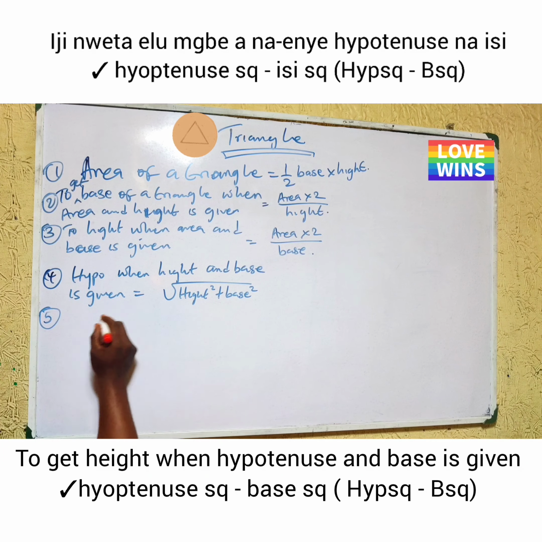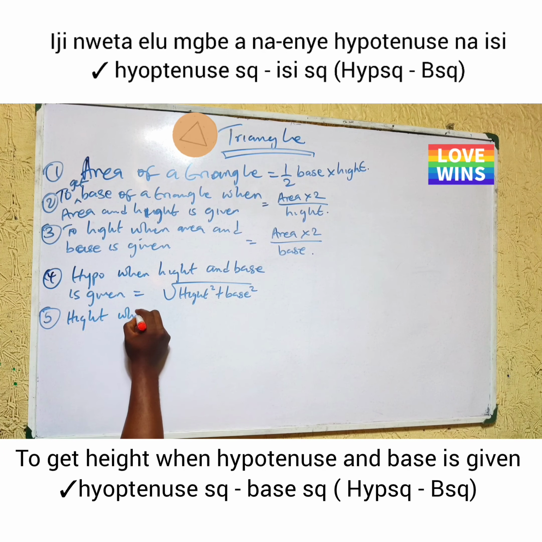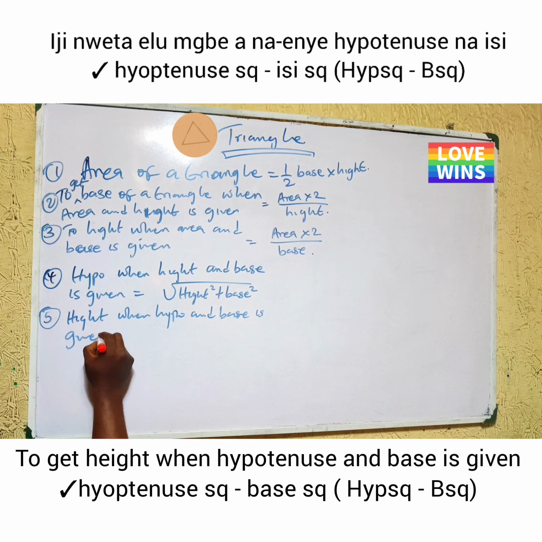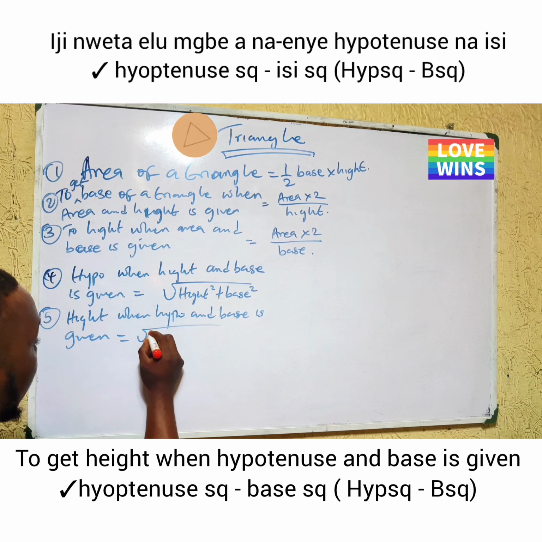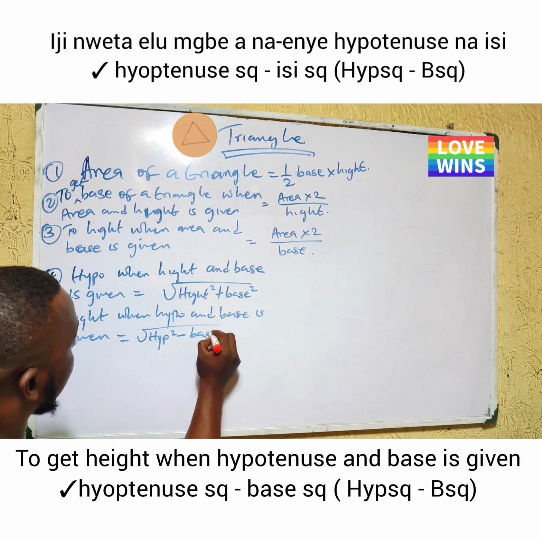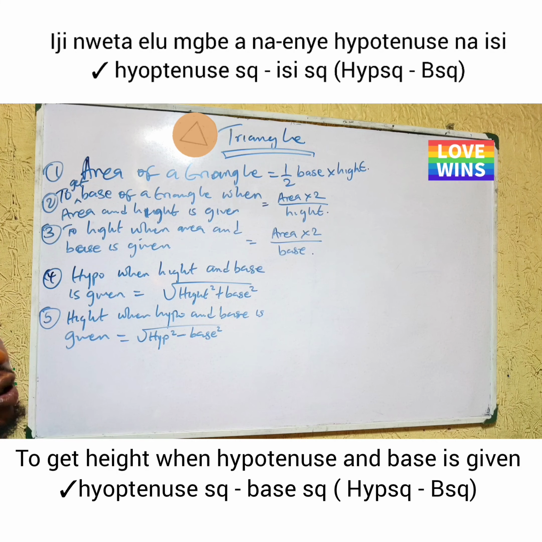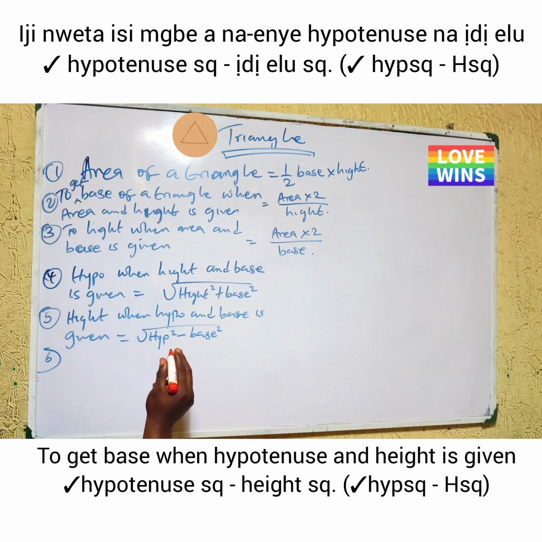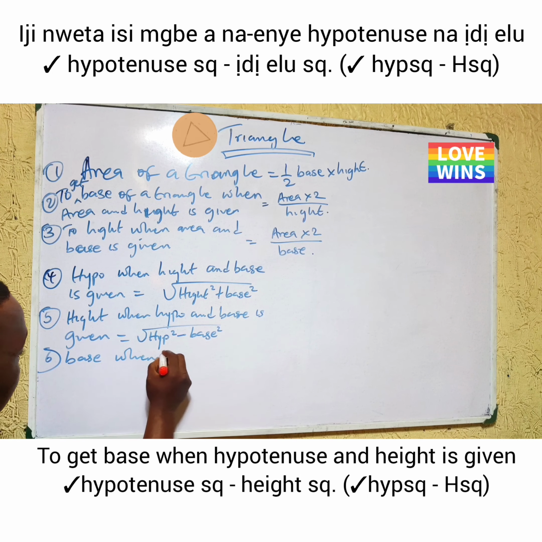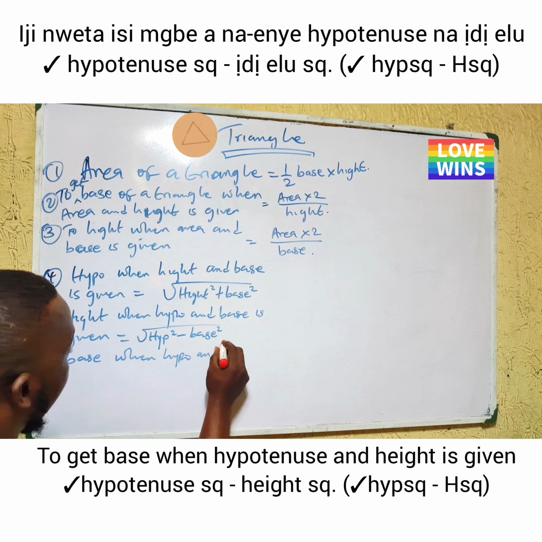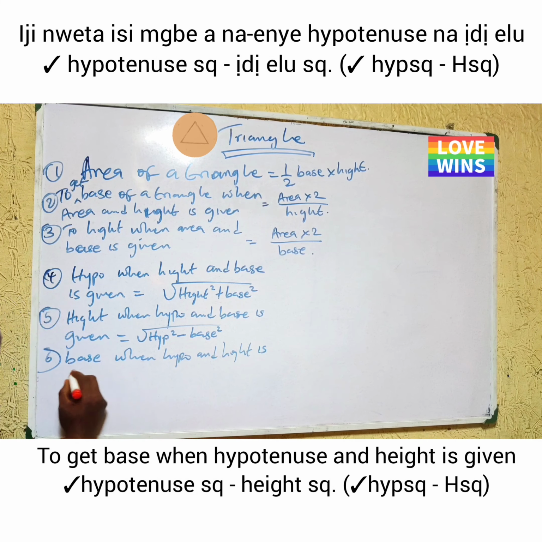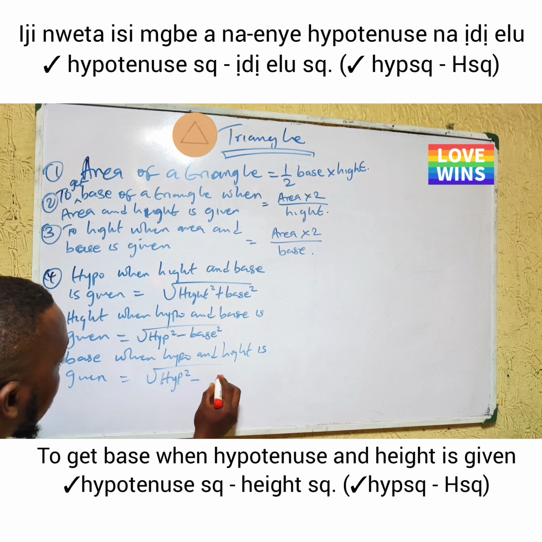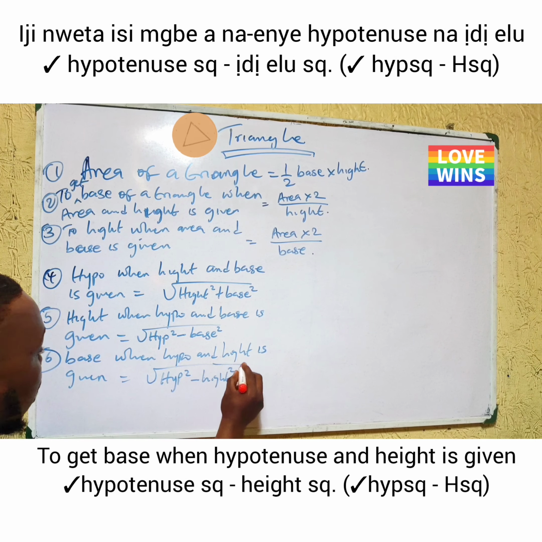Number 5, to get height when hypotenuse and base are given is equal to hypotenuse square minus base square, all in square root. Now number 6, to get base when hypotenuse and height are given is equal to hypotenuse square minus height square, all in square root.